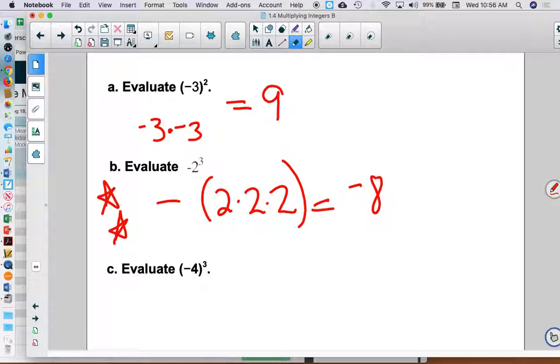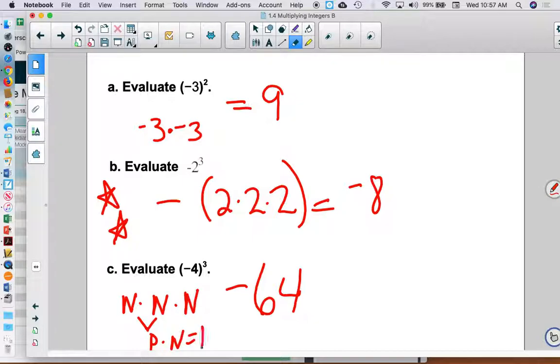The exponent, that's a 3. Showdown. Here's why. Negative times negative times negative. Negative times negative is positive, times negative equals negative. Had to have a negative sign.